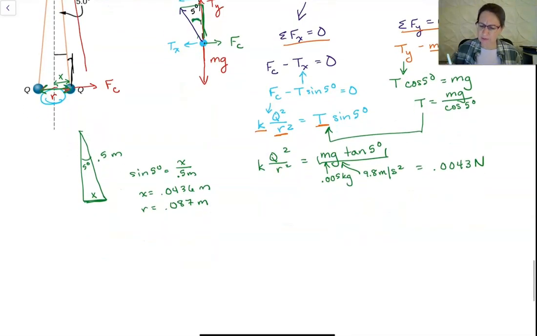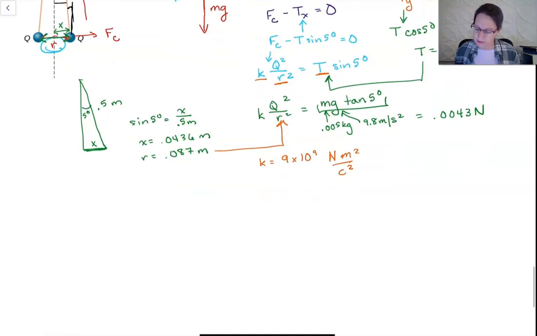And that gives me all of my pieces, because k is approximately 9 times 10 to the 9th, right, 8.99, but 9 works just fine for this. Newtons meters squared per coulomb squared, so that units work out.